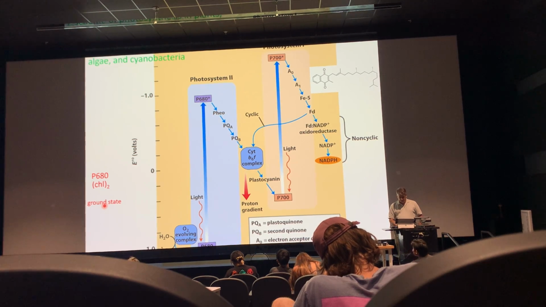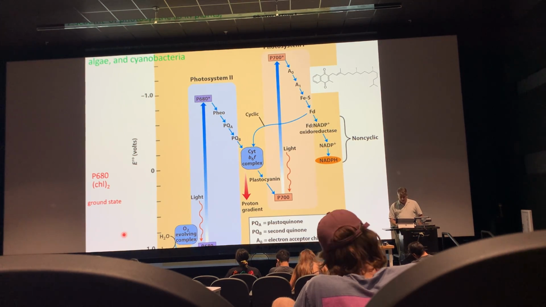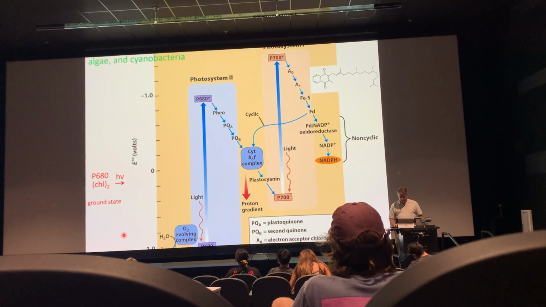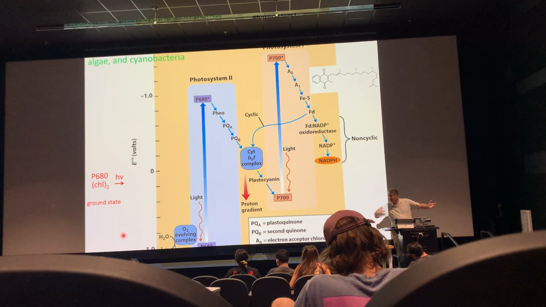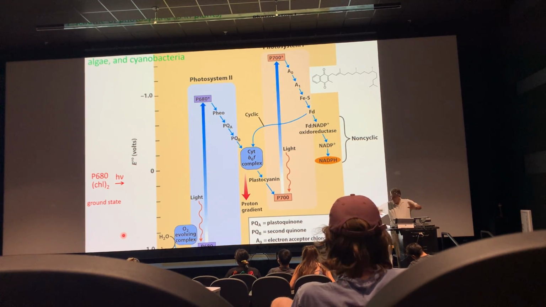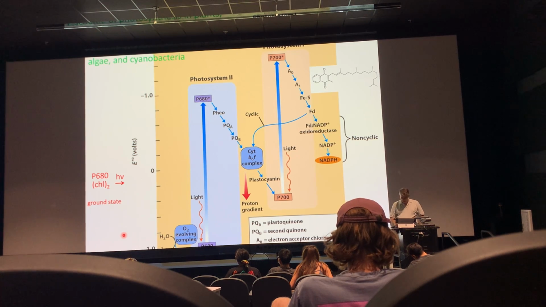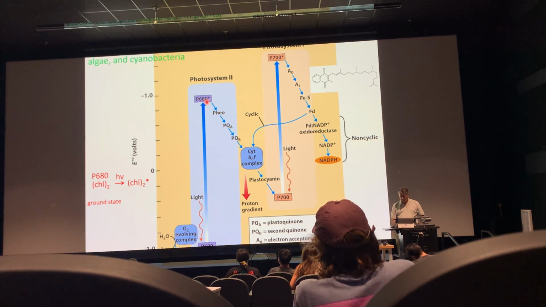Now, this is the ground state shown here on this y-axis. This is the energy that this complex has. When it gets excited by capturing a photon of light, or more likely from getting an exciton from one of the feeding groups in the radar dish, this gets excited to the chlorophyll dimer. That's this thing up here, P680 star.